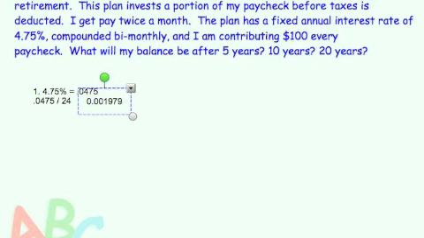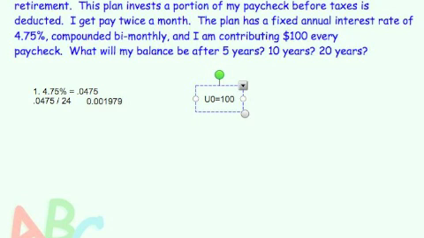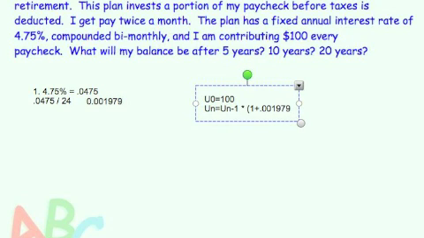So what does my recursive routine look like? My u sub 0 is going to be 100, because that's the first thing I'm going to put in. My u sub n is going to equal u sub n minus 1, and I'm going to multiply it by 1 plus the bi-monthly interest, which is 0.001979.